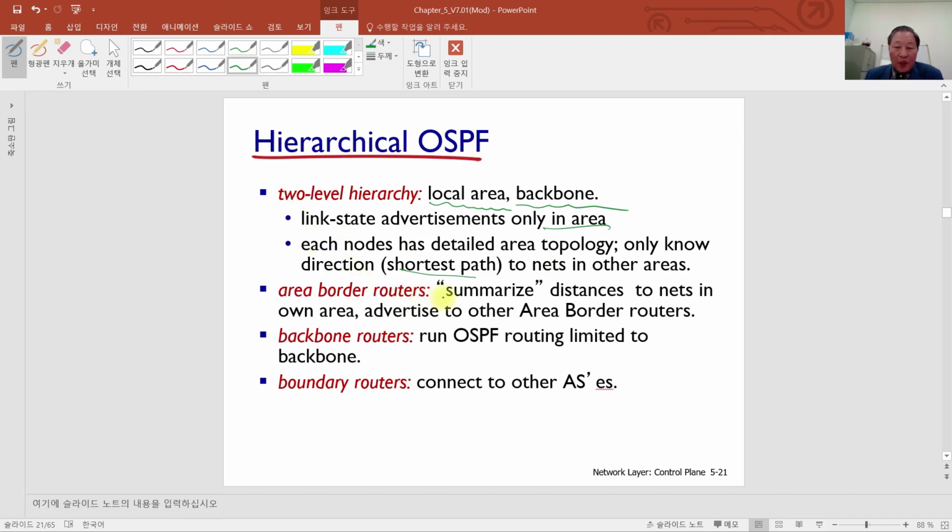The area border routers summarize distances to networks in their own area and advertise them to other area border routers. The backbone routers learn OSPF routing limited to the backbone. And the boundary routers in this hierarchical OSPF are connected to other autonomous systems.